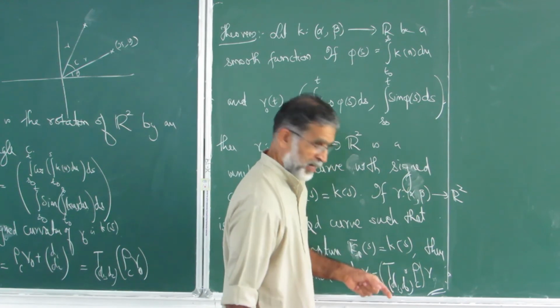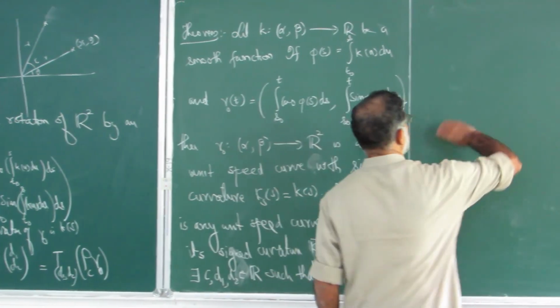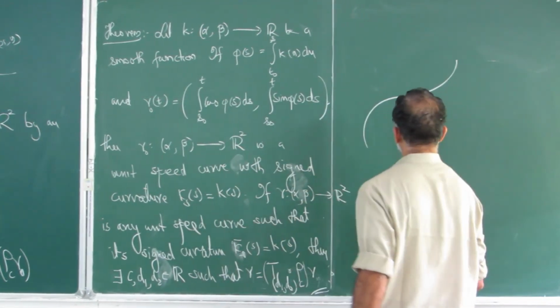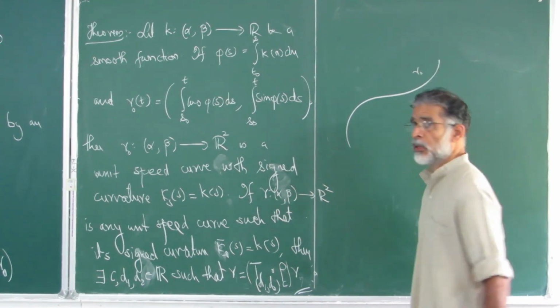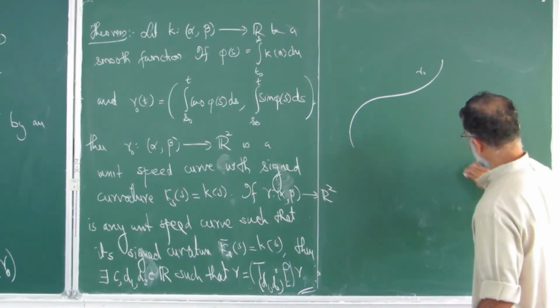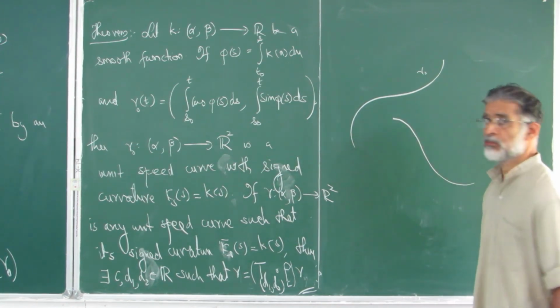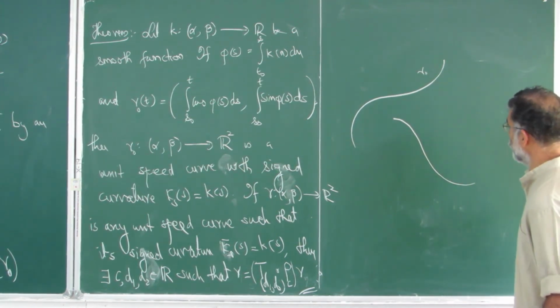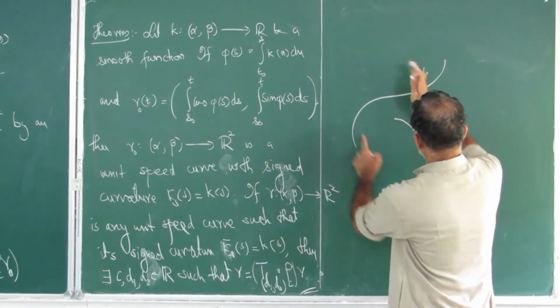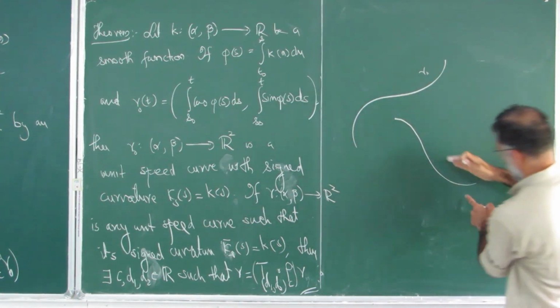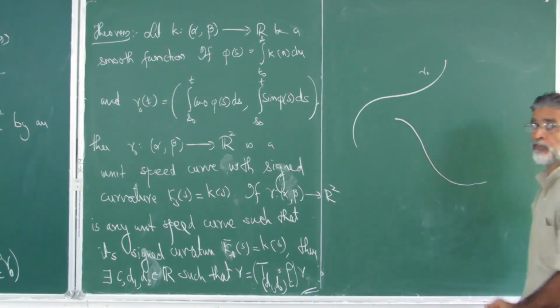So I'll tell you the picture like this. You will have this as your gamma naught. Now you rotate it, you make it like this, then you translate it, you get this.